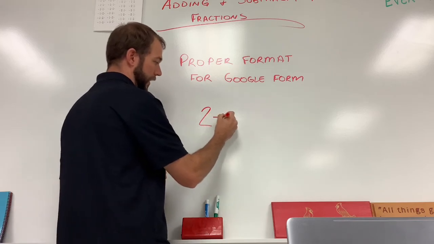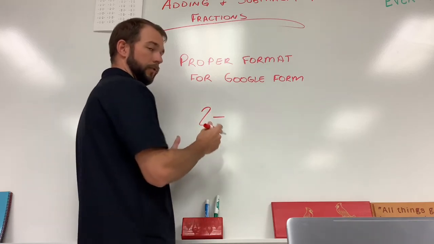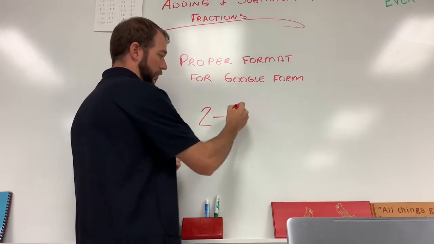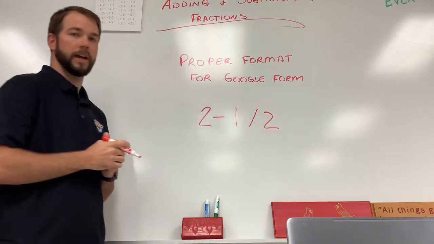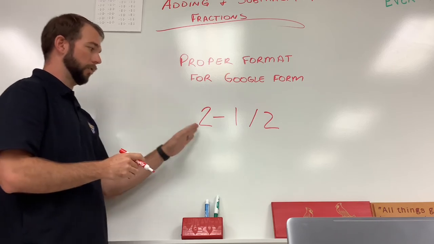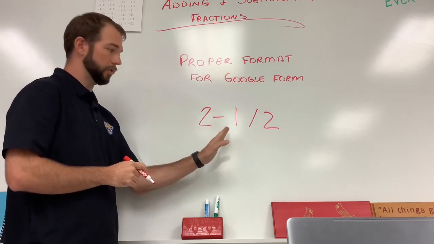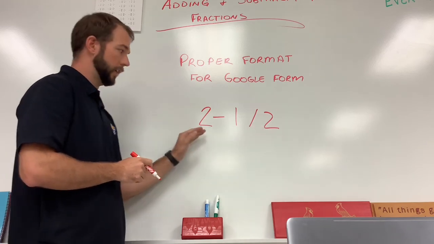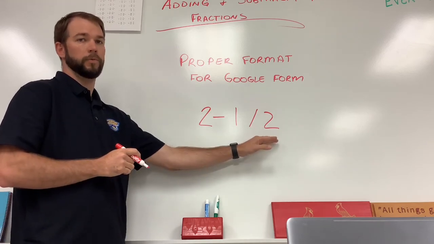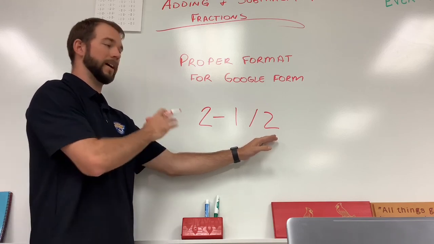Then you're going to put a dash and then you're going to put your fraction in. So you're going to say 1-1/2, and that would be 2.5. Okay, so the whole number, then a dash, then the numerator slash denominator. Has to be typed in that way or it will be marked wrong, even if you have the right answer.